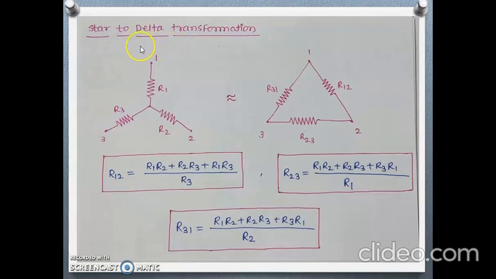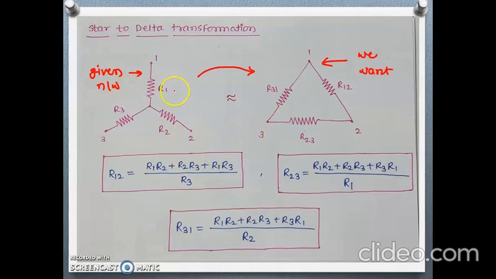We have already discussed what is star and delta network. The figure shows this is the star network which is given to us. This is the given network, and this is the network we want. We have to convert this star to its equivalent delta.